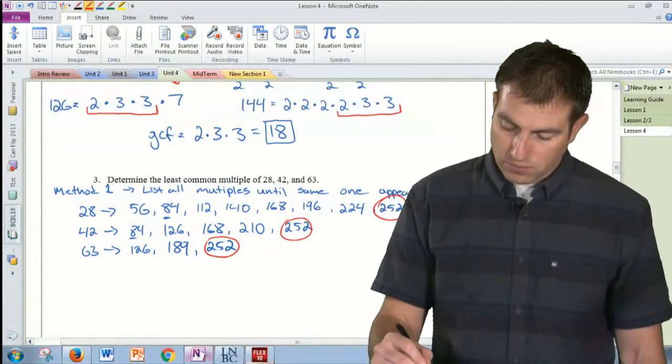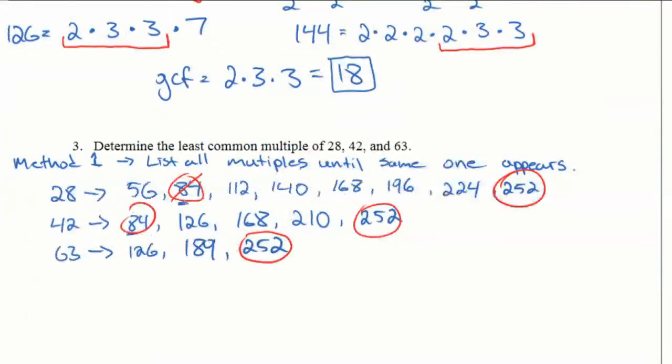This 84 appeared here and here, but it didn't appear in the 63. 126 appeared here and here, but not in the 28. 168 appeared here and here, but not in the 63.